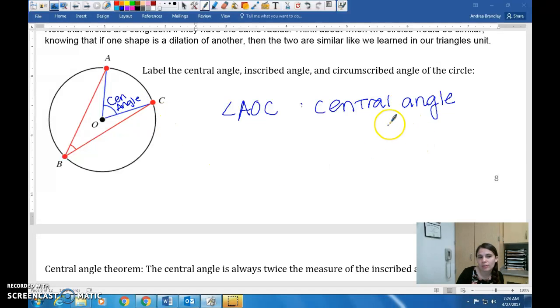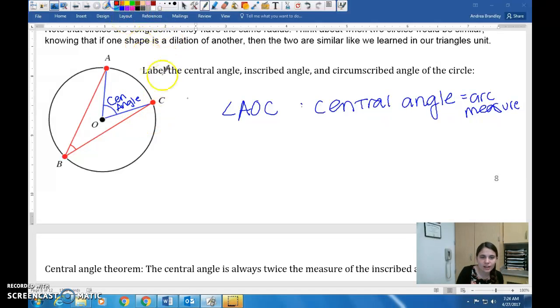An interesting thing about the central angle is it's equal to its arc measure. So if we measure our arc in degrees instead of arc length, if this central angle was 60 degrees, then from A to C, that arc would also be 60 degrees.